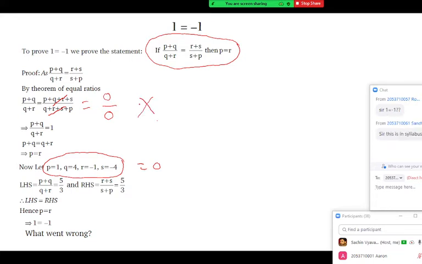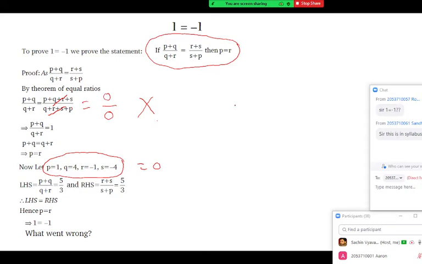Another important thing you should know is the theorem of equal ratio. The theorem of equal ratio says, (P plus Q) upon (Q plus R) is equal to (P plus Q plus R plus S) divided by (Q plus R plus S plus P), provided the denominator is not 0.